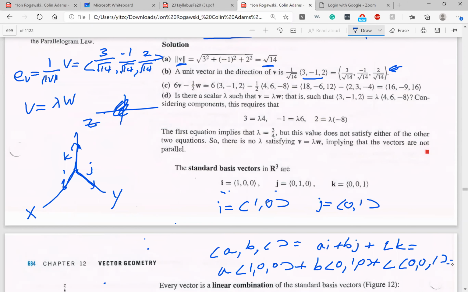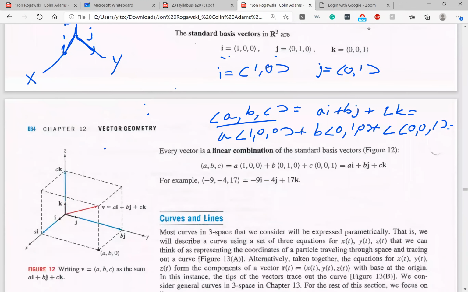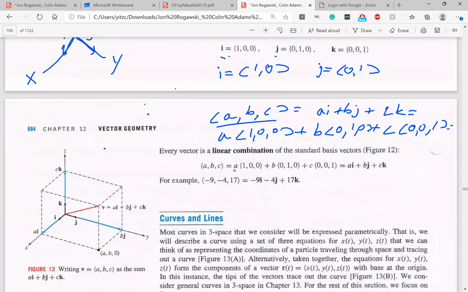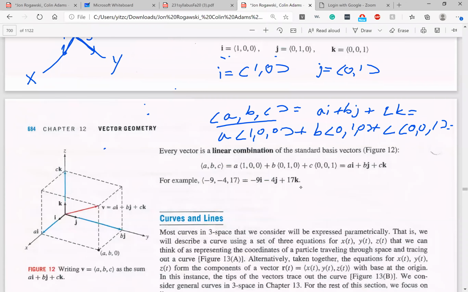And this over here will give you A, B, C. So that's what they show over here. A, B, C is equal to A times I plus B times J plus C times K, which is equal to AI plus BJ plus CK. And so, for example, -9, -4, and 17 can be written out like that.